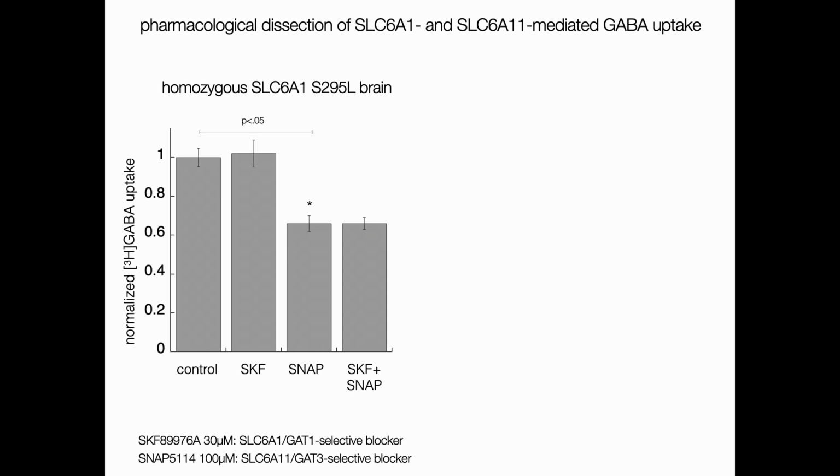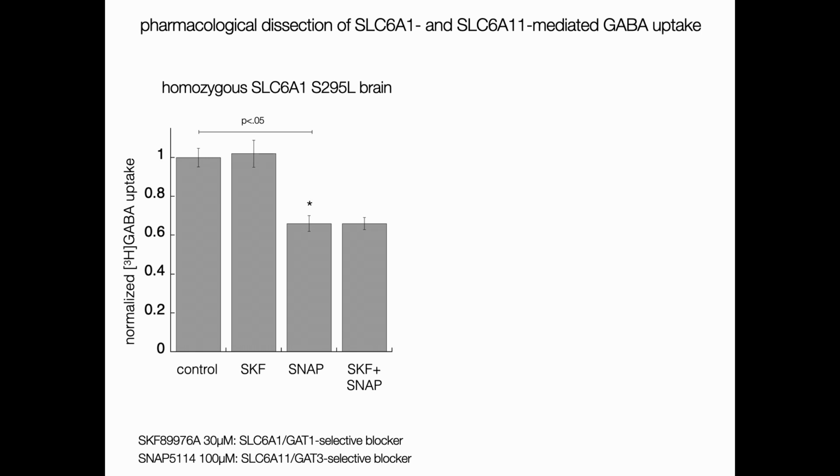Now, we've heard a little about other GABA transporter gene variants that are expressed in the brain. One of them is GAT3 or SLC6A11. And just like this SKF drug that blocks GAT1 or SLC6A1, there's a blocker selective for SLC6A11 called SNAP.